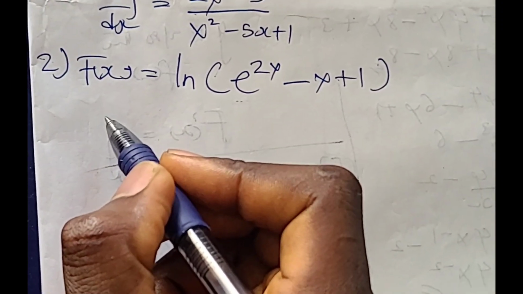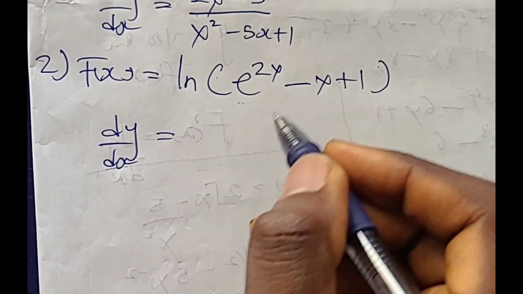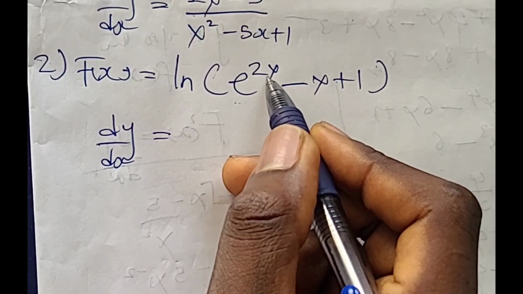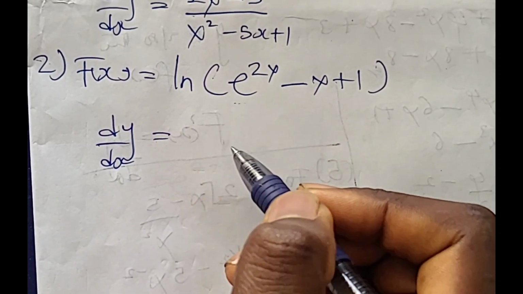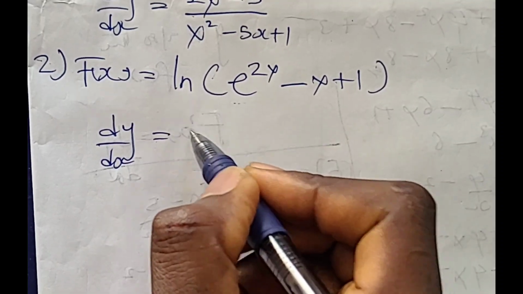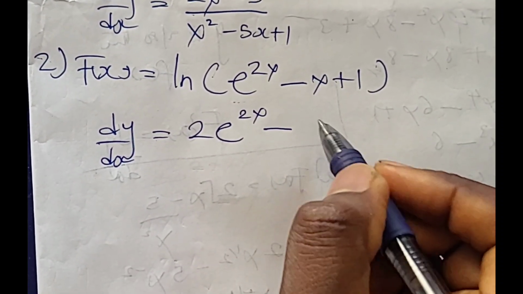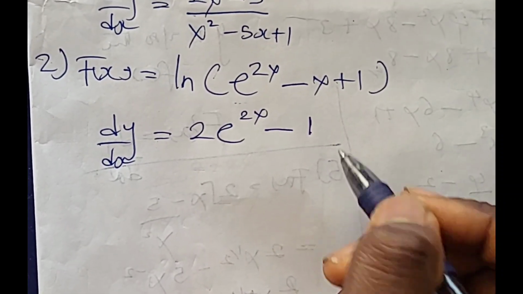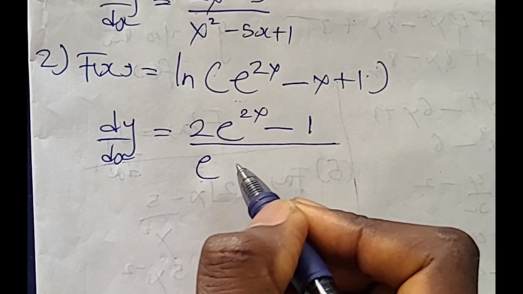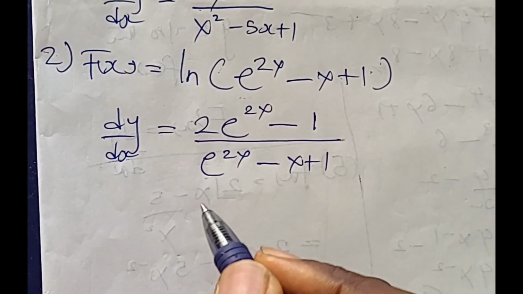So dy/dx is equal to, remember we did exponential differentiation, so all you have to do is differentiate the power and multiply it with the coefficient. When you differentiate x squared, you have 2x, minus, when you differentiate x, you have 1, and when you differentiate a constant it is 0. So you divide it by what is inside, e raised to power x squared minus x plus 1. So this is the answer for number 2.